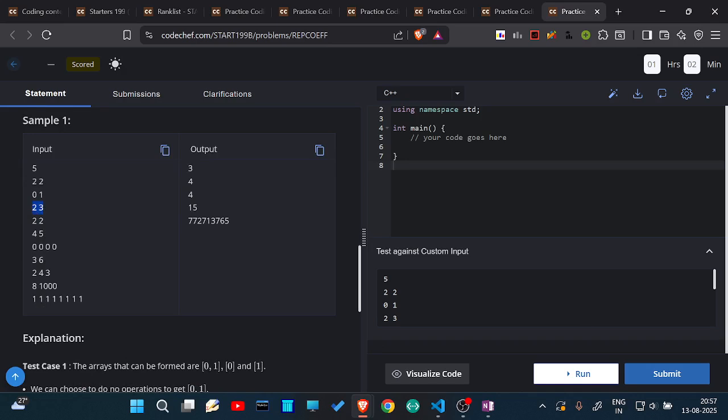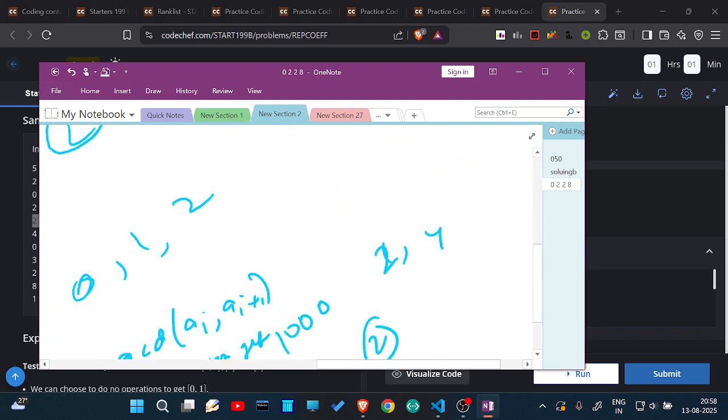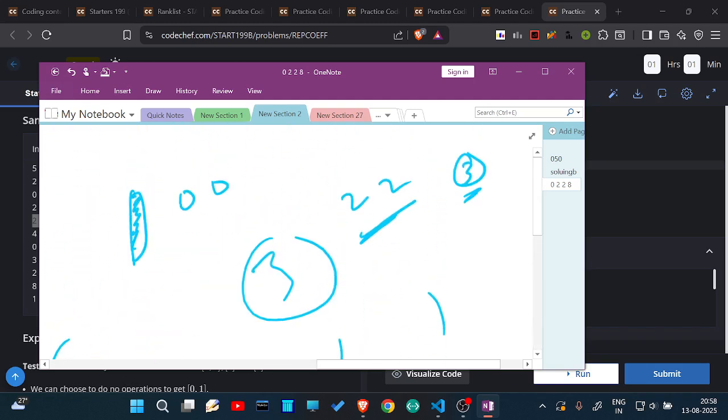Second test case, 2 2 and 3 you got. So the GCD is again, first of all, the number of operations that we apply. Okay, so as I understand about what happened, if we apply the operation, then that multiple thing may work.